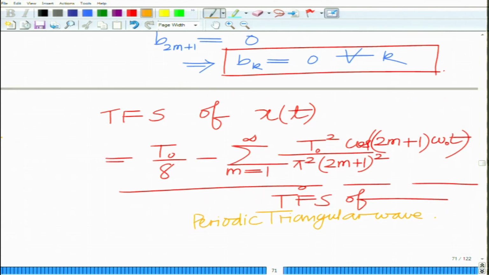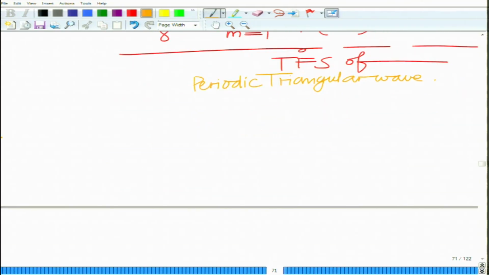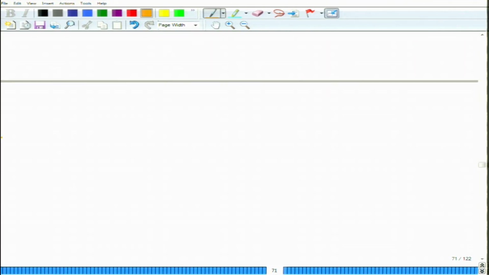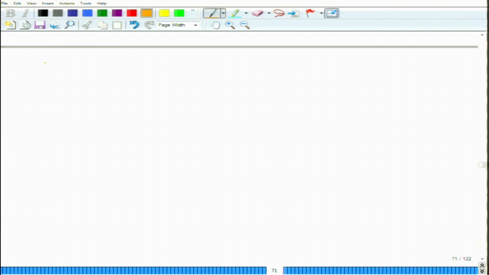Let us proceed to the next problem. The next problem is fairly simple, but yet again another intuitive problem, that is problem number 5, and this problem is regarding periodic convolution.